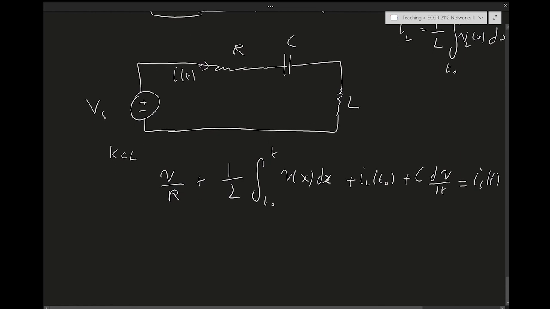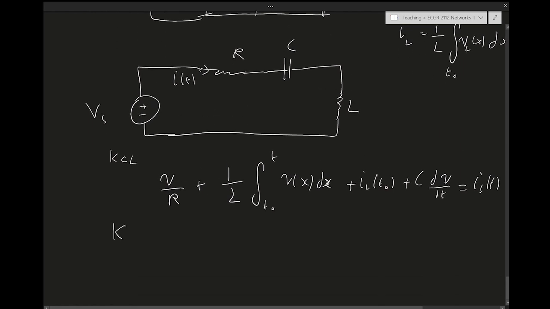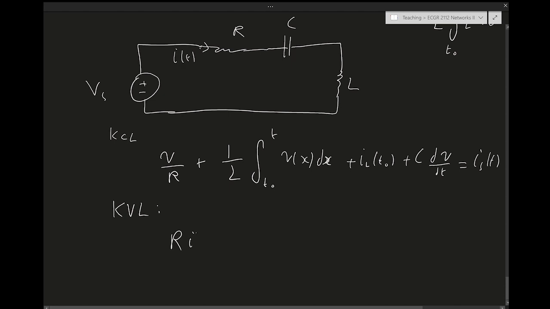And then the other equation, using the series circuit, we apply KVL. So applying KVL, we get R I(t) plus what's the voltage across a capacitor? Well, it's the integration of the current, right? So it's going to be 1 over C integral from t0 to t.